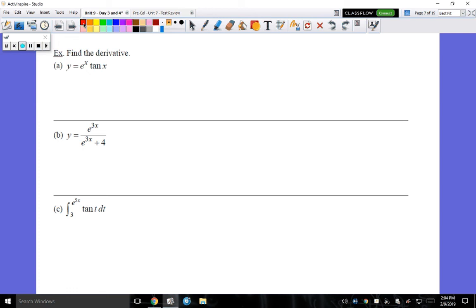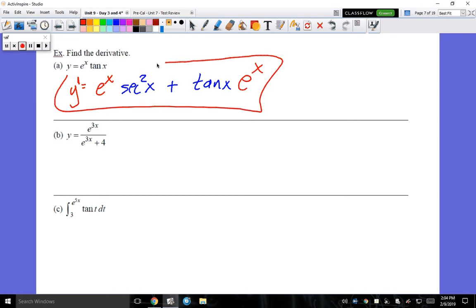Find the derivative. Okay, we have another product rule. The first times the derivative of the second plus the second times the derivative of the first. And this is an acceptable answer. There are no negative powers, that's good enough. Over here, I do not split this up into two different fractions. This is a common mistake people make.